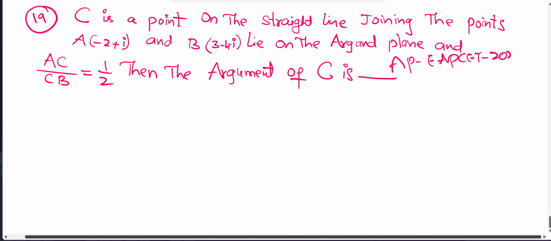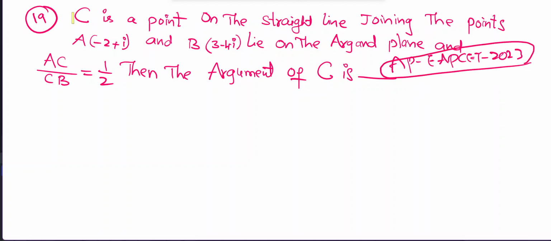This is the next question. If capital C is a point on the straight line joining the points capital A, minus 2 plus 3i, and capital B, 3 minus 4i, lying on the Argand plane, and AC by CB is equal to 1 by 2, then the argument of C is dash.